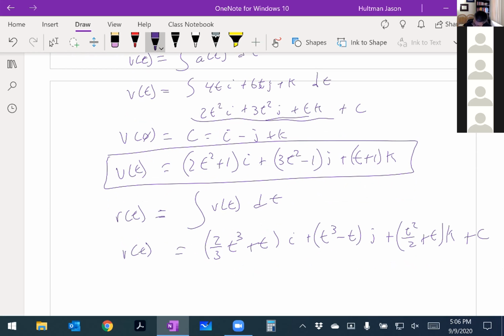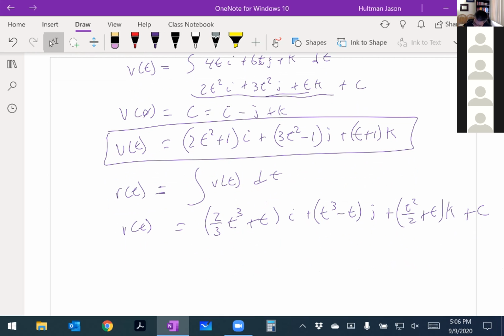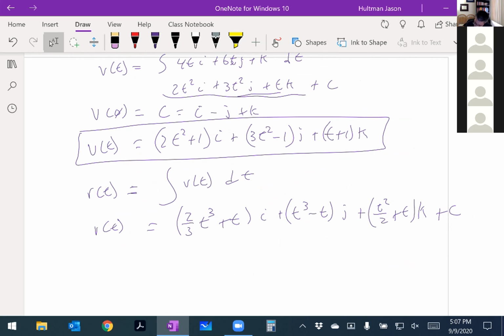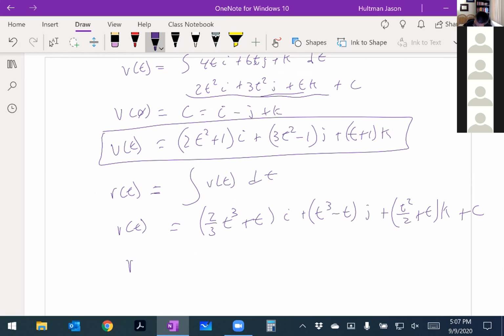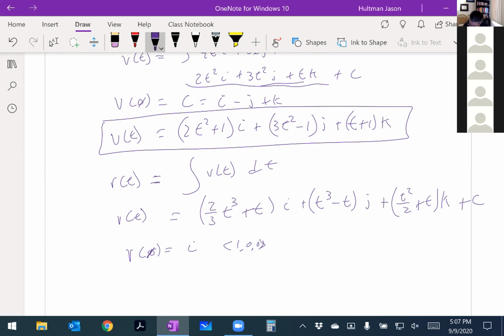But once again, we know that r naught, or when t is equal to 0, we just get i, which means that it's the vector 1, 0, 0, right? So we know that everything goes to 0 here. This goes to 0, this goes to 0, that goes to 0, except for one stinking i.